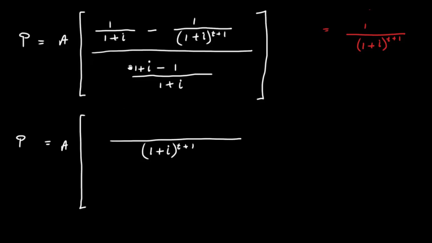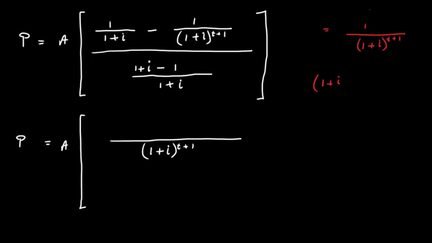Now, what do I need to do to this 1 plus i to turn it into this here? I need to multiply it by (1 plus i) to the power of t. I'll just do that over here for you. So 1 plus i, what would I need to multiply this by to give me this?